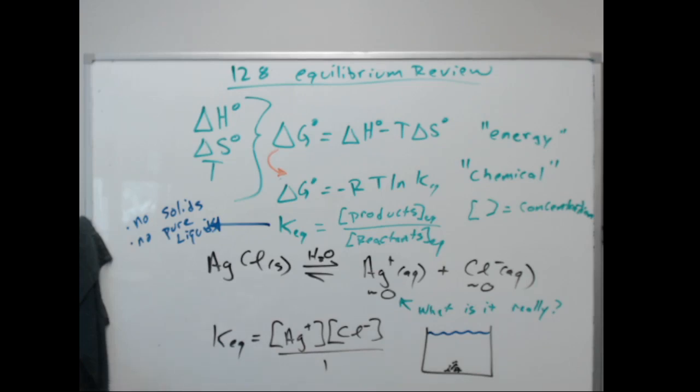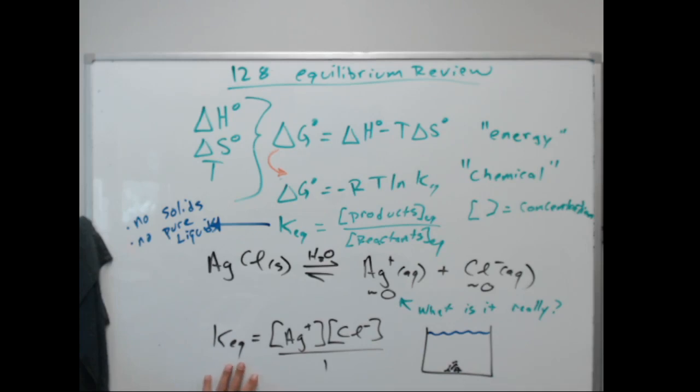Most of us think of the equilibrium point as this point where nothing is happening. There's nothing obviously happening. On the human scale, we don't see anything happening. But on the chemical scale, there's still some exchange happening.